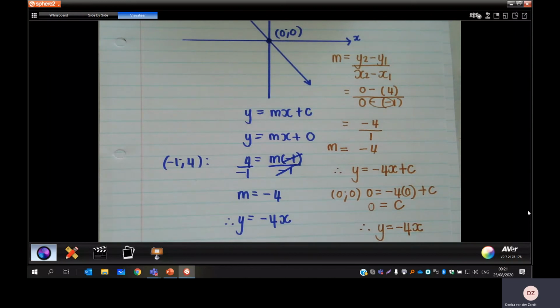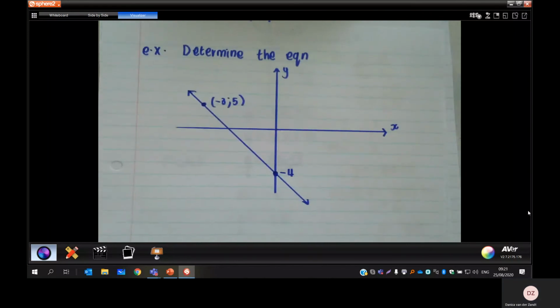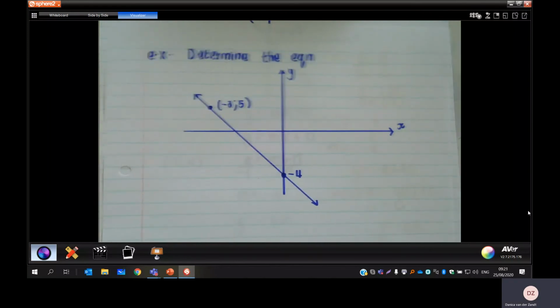Okay, we ready for an exercise? Okay, not drawn to scale. Determine the equation.